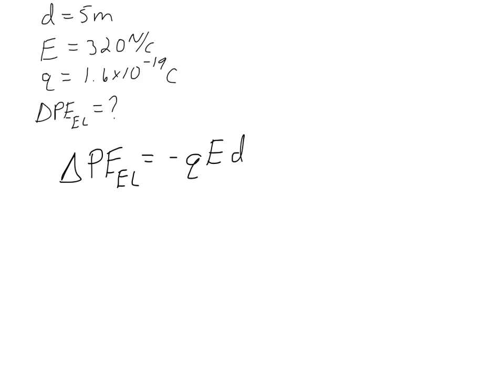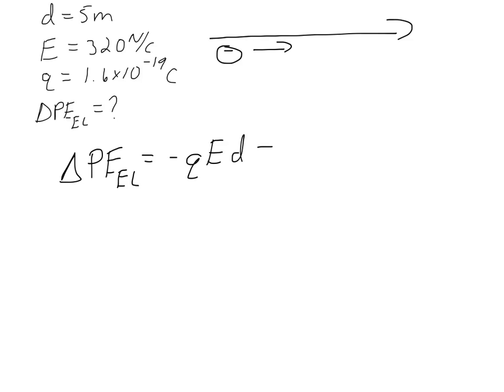But in this case, the electric field is pointing this way, and the electron is moving in the same direction. If they're in the same direction, both of them are positive. If they're in opposite directions, you're going to have to make one of them negative. And we'll look at that on the next problem.